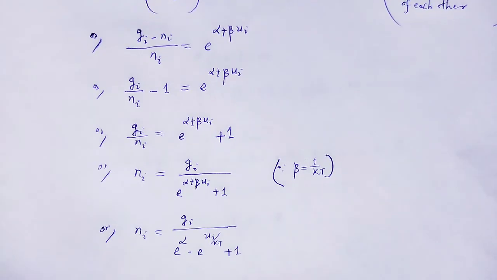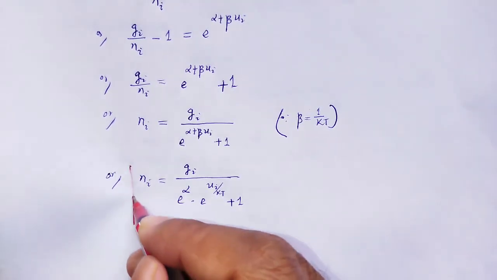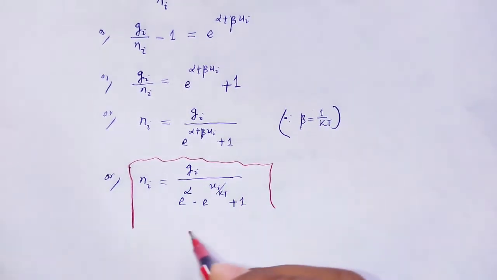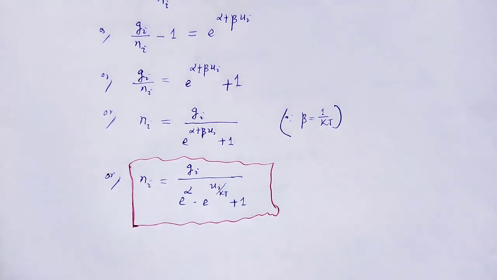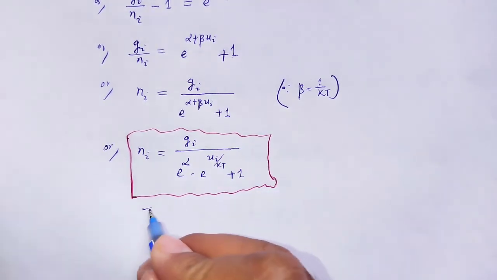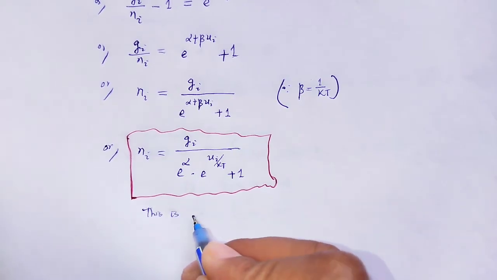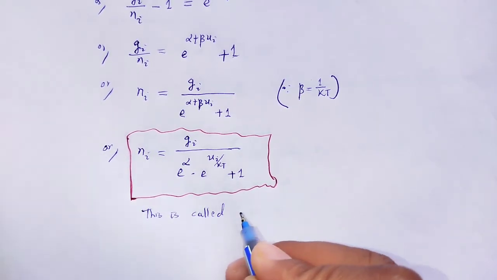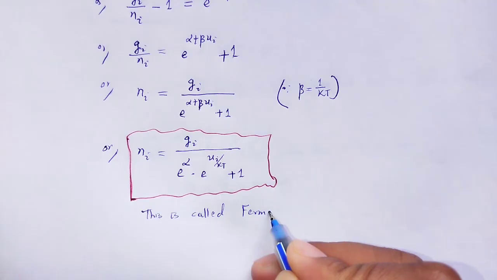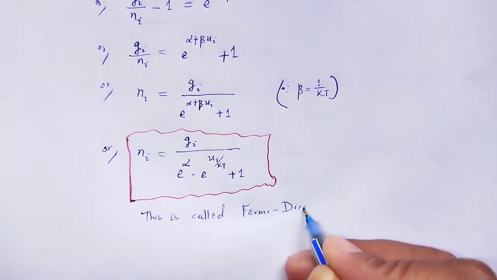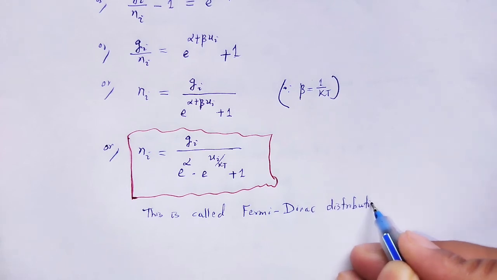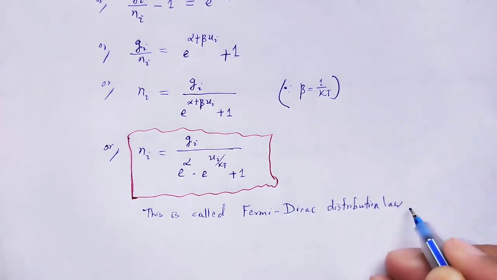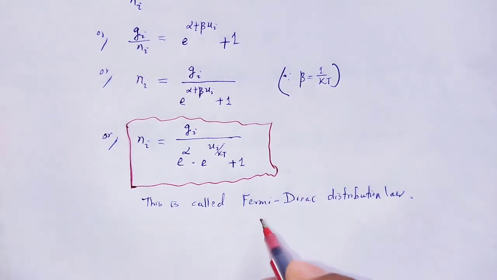That will be the required expression, which is called the Fermi-Dirac distribution law. This is called the Fermi-Dirac distribution law for energy.